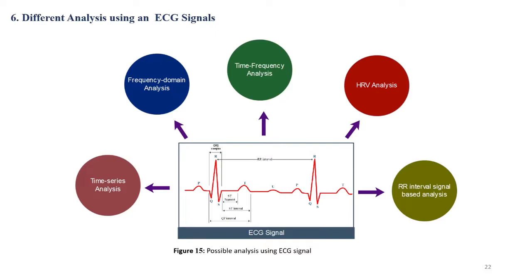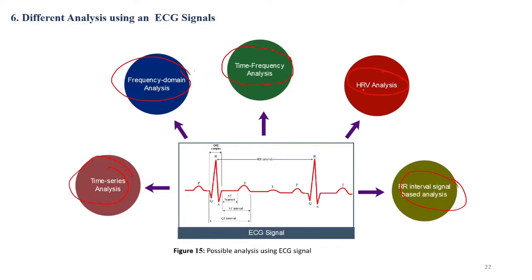Some of the common methods include time series analysis, frequency domain analysis, then time frequency analysis, also regarded as joint time frequency analysis in some books, JTFA or TFA analysis, then HRV analysis, and lastly RR interval signal based analysis.